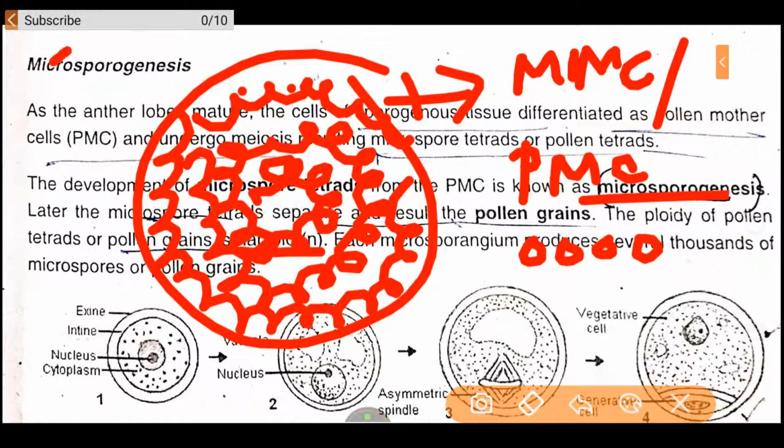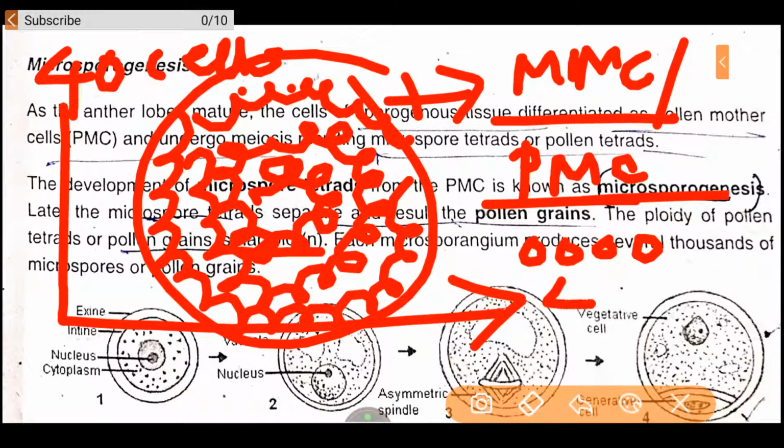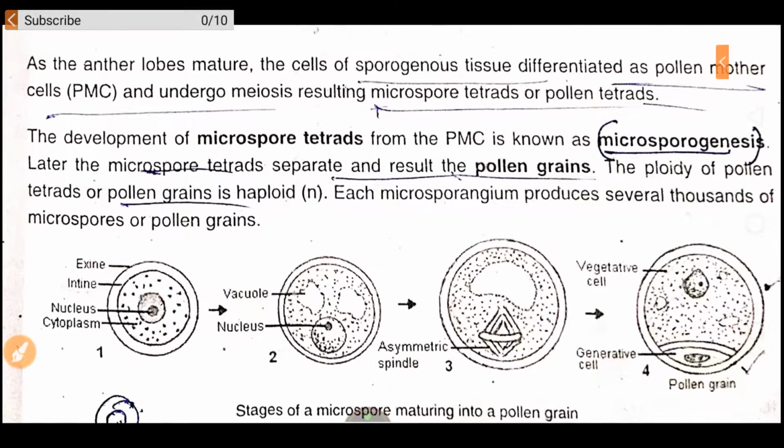Assume there are 40 cells of sporogenous tissue differentiating into MMC or PMC. Then 40 times 4 gives 160 pollen grains. The ploidy is haploid. Each microsporangium produces several thousands of pollen grains because the homogeneous tissue is composed of several thousands of cells.